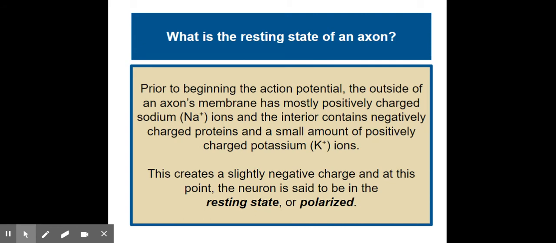So what this means is, prior to the action potential starting to spike, the axon's membrane actually will allow positively charged sodium ions in. And what's happened is that after that action potential has fired, those ions inside of the axon have gone from being positively charged right before the point of the firing of that axon to now a negative charge.